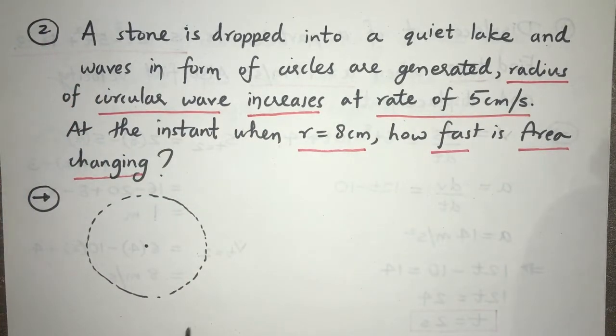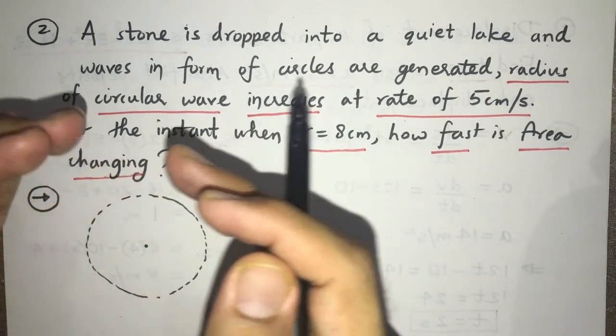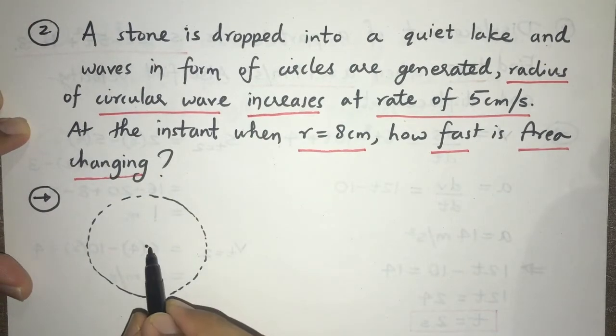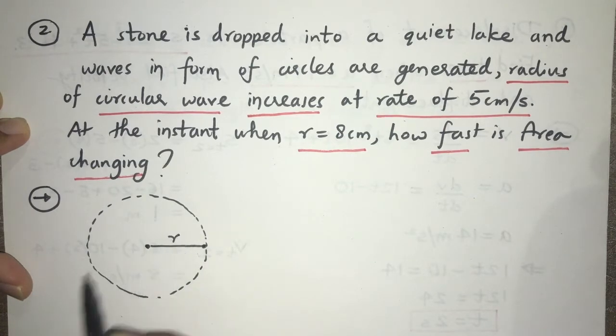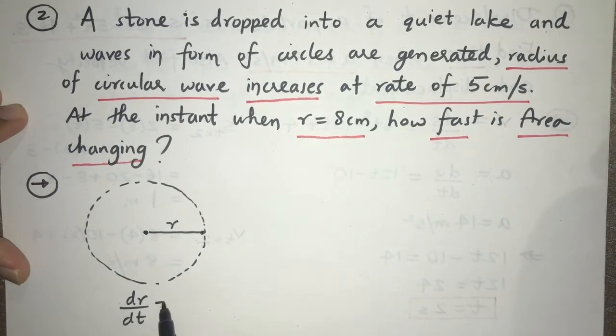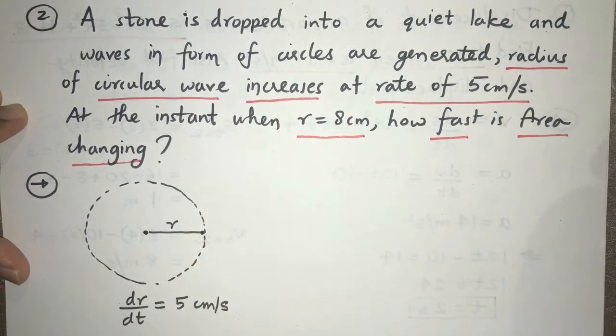So when the water ripple is going out, definitely the radius of that circle is increasing, right? So that is a variable quantity. I can say the variable quantity r, the radius, is increasing, and the rate at which the radius is increasing, that is dr by dt, is given to us. It is given as 5 centimeters per second.